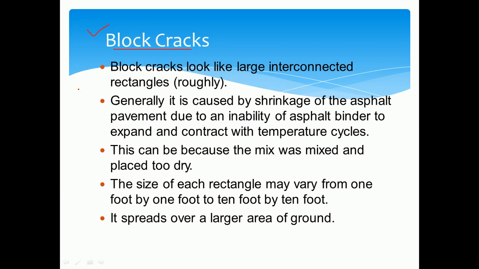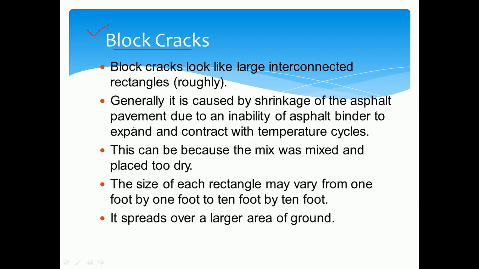Whatever the flexible pavement we are seeing, after the application of the asphalt emulsion, if there is shrinkage because of the temperature variation, some cracks may develop because of the temperature cycle.